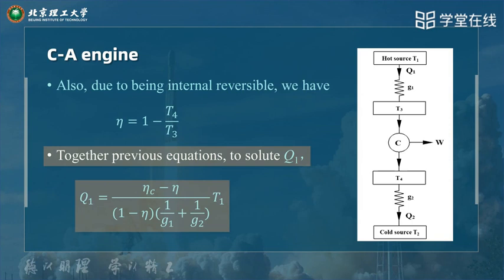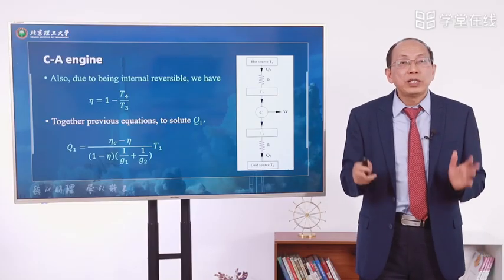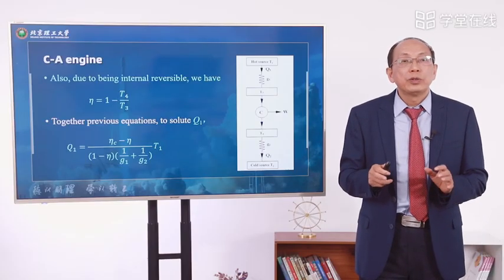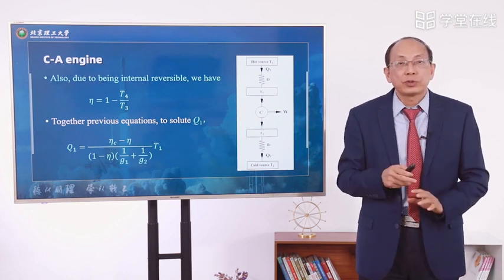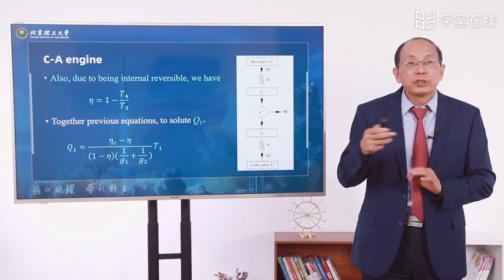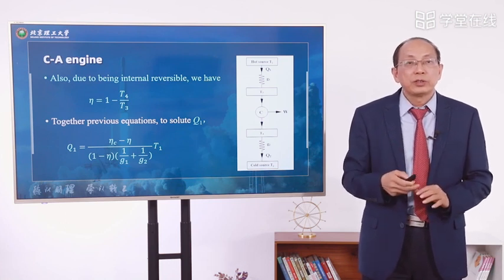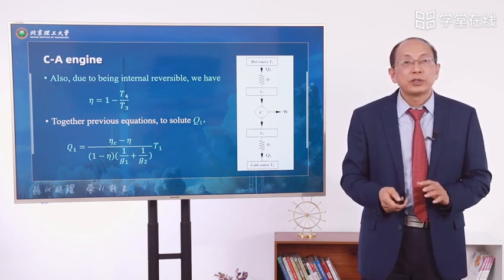Q1 equals (eta C minus eta) over (1 minus eta) times 1 over (1 over G1 plus 1 over G2) times T1. This equation is from the Curzon-Ahlborn engine, where there is some heat resistance.